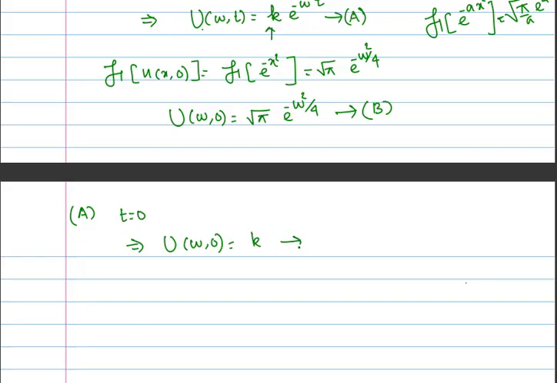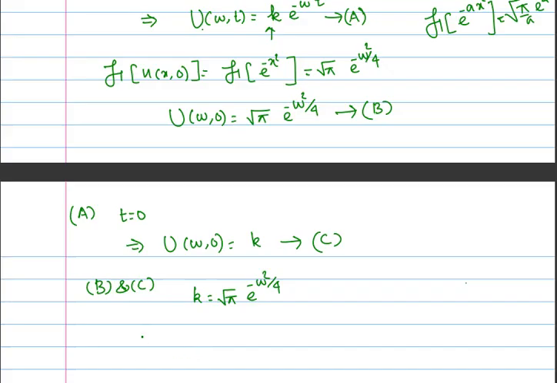I take this as equation number C. Comparing B and C, k equals square root of pi times exponential of minus omega square divided by 4.